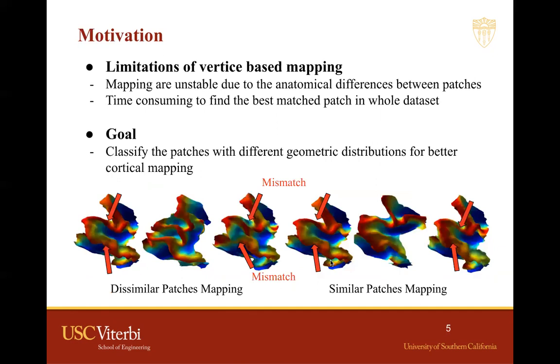As shown in this figure, for conventional methods, the cortical mapping is unstable when two patches are geometrically dissimilar, and the process is time-consuming to find the best geometric match for a cortical surface. So we argue that a deep learning-based classification network can help us identify the geometrically similar patches in the dataset and help the gyral and sulcal mapping.